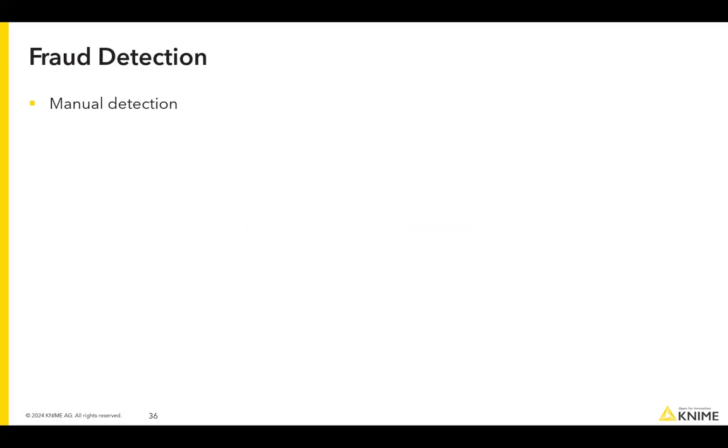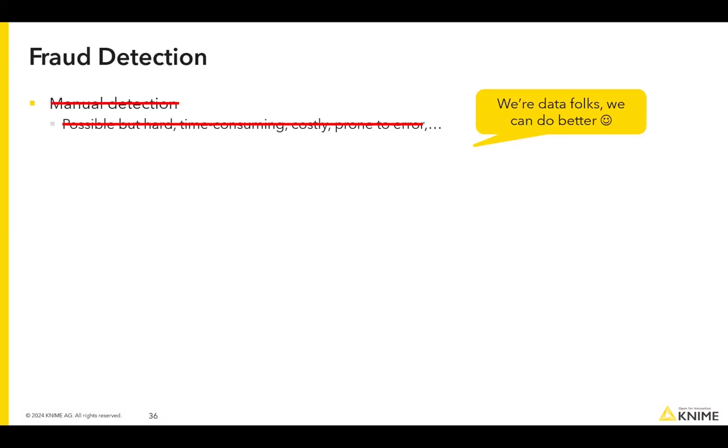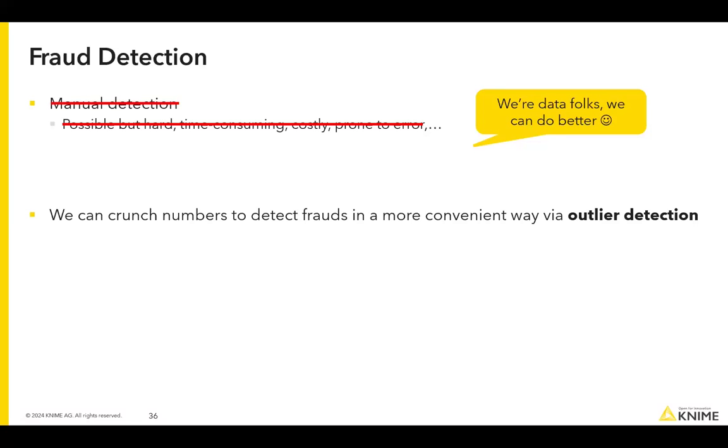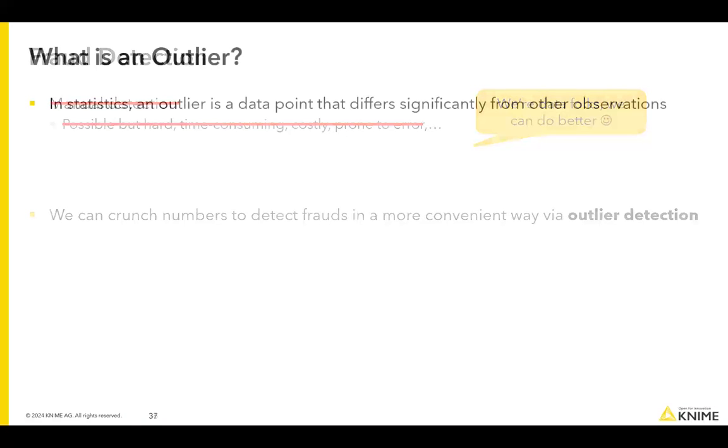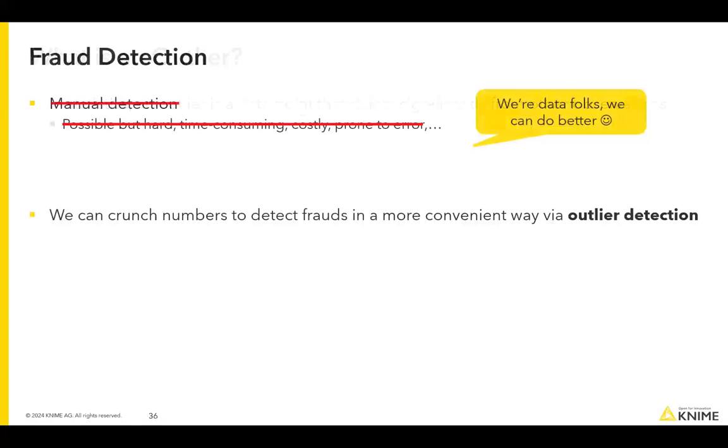Okay, so how can we actually detect fraud? Of course, you can do it manually, but if you have too many contracts, that's probably impossible, time-consuming, also prone to error. And of course, we want to do it with data automatically. So a common way to detect outliers, to detect fraud, is via outlier detection techniques.